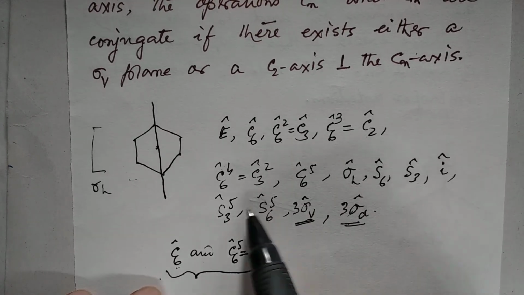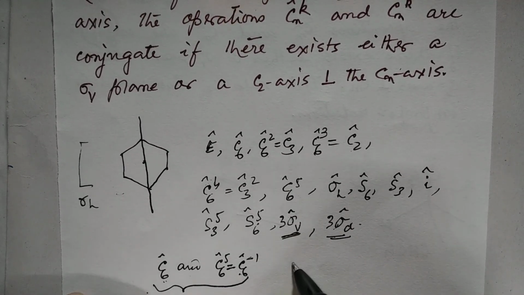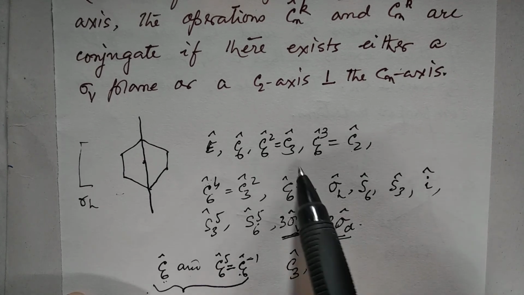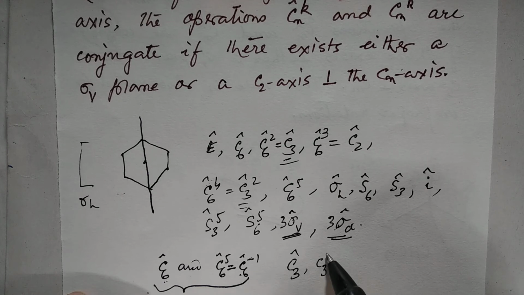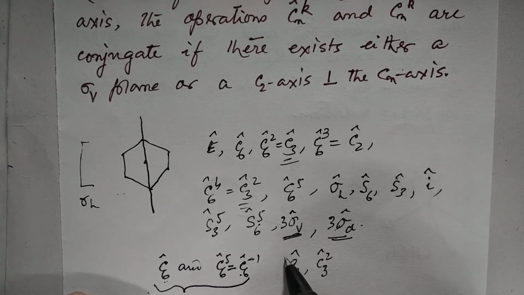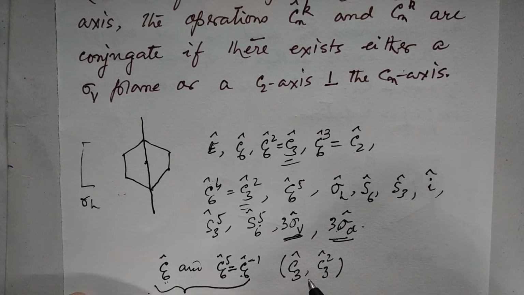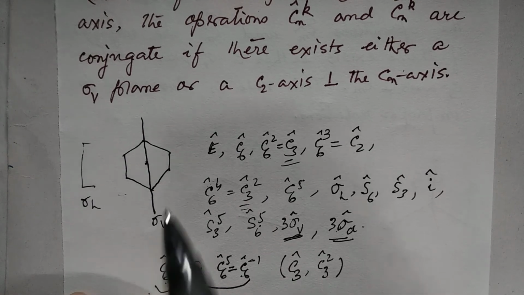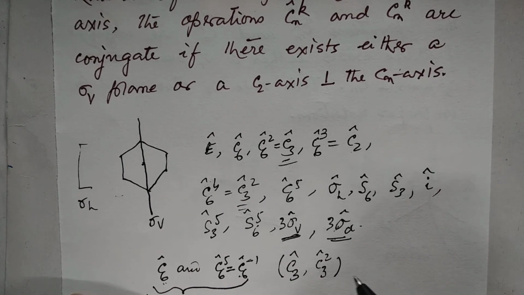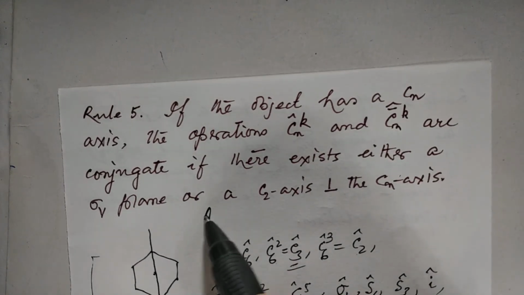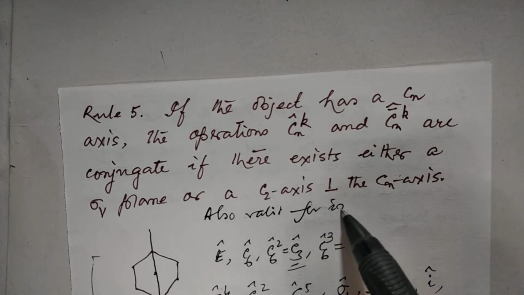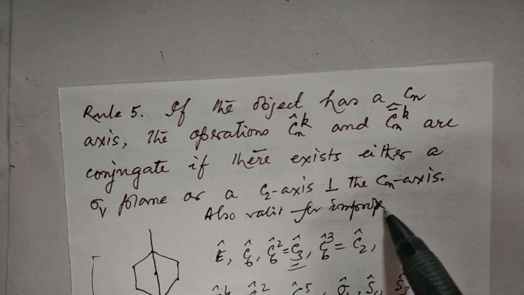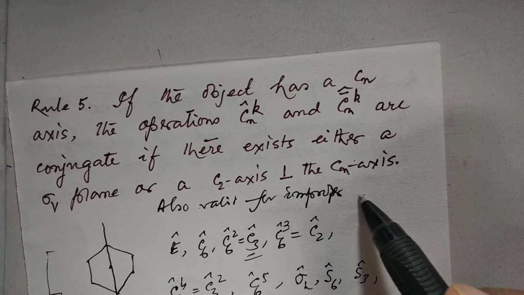Similarly, we have C3 operation and C3 square operation. These two are inverses of one another and they will form a conjugate class for the same reason, because of the presence of a sigma V plane like this. And this rule is also valid for improper rotations.